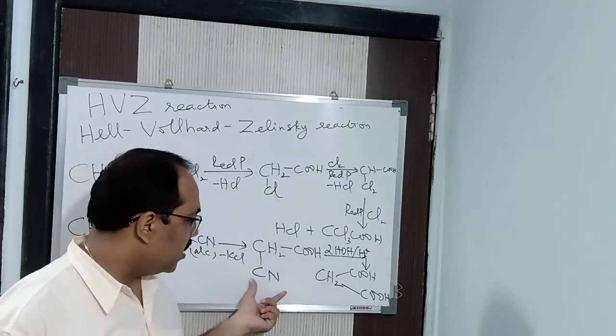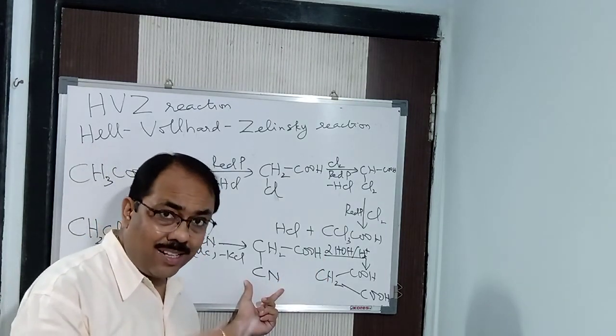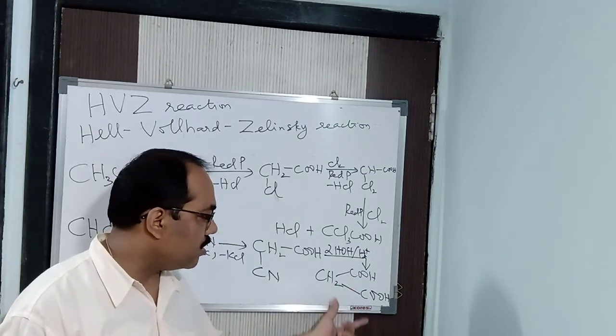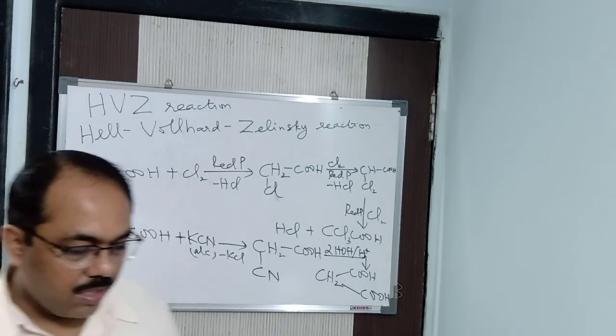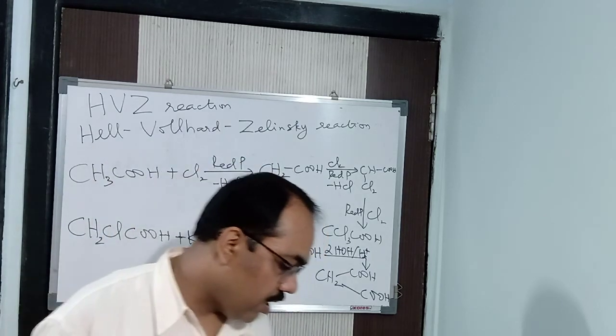Complete hydrolysis: CN first gives you the amide CONH2. Another hydrolysis, 2 molecules, will give you COOH. See what you got, this malonic acid, in this way.